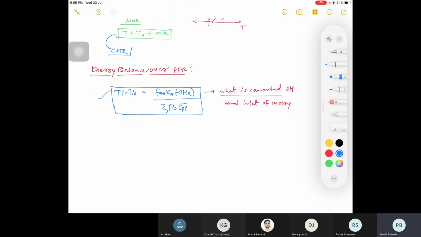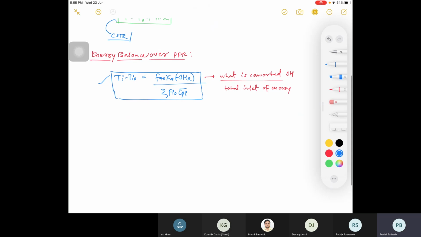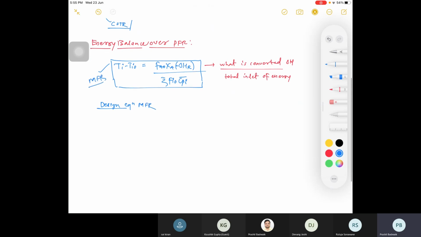Now when I am writing the design equation of MFR, what is that? In MFR, what was the design equation? It was V divided by F_A naught is equal to tau divided by C_A naught is equal to X_A divided by minus R_A at the exit of the reactor, right?